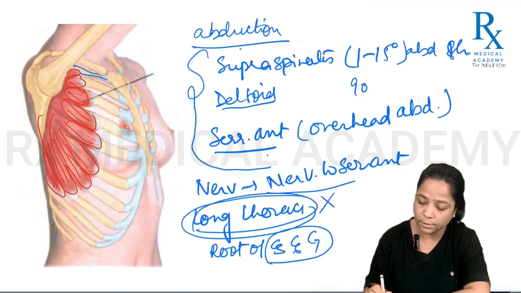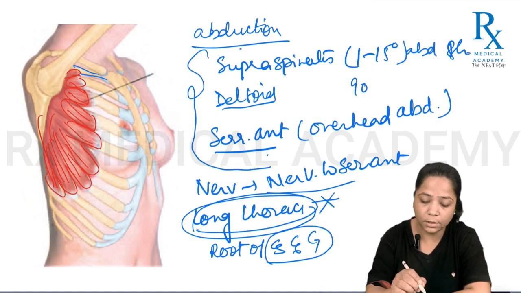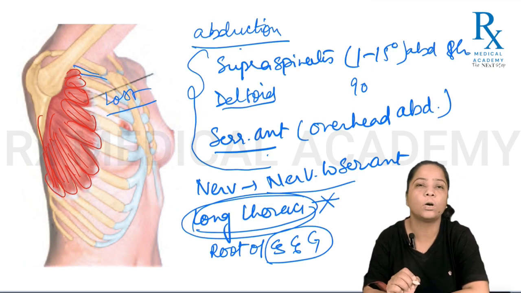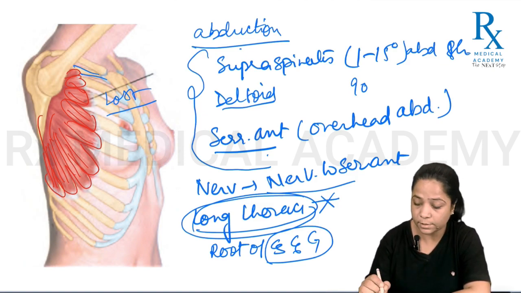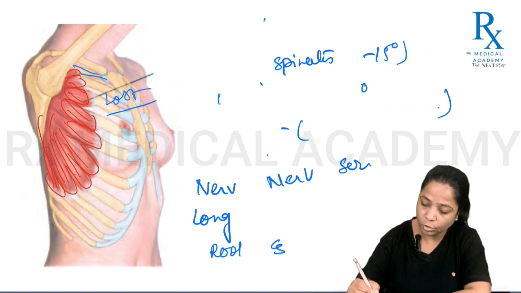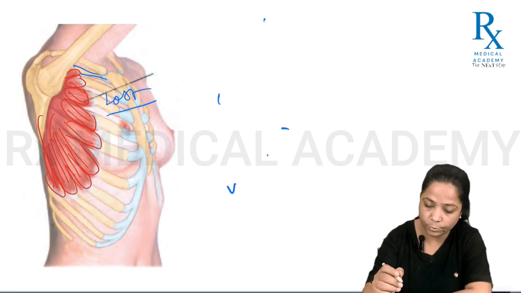Sometimes this long thoracic nerve is injured and there occurs paralysis, or the action of the serratus anterior is lost, and this leads to a clinical feature known as winging of scapula. In your MCQ, it is also one more important question: what is winging of scapula?